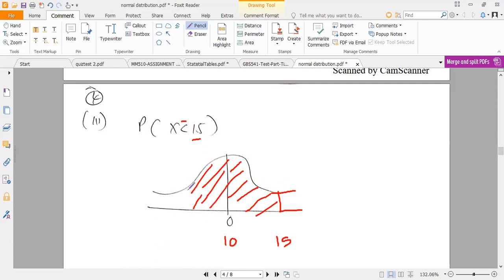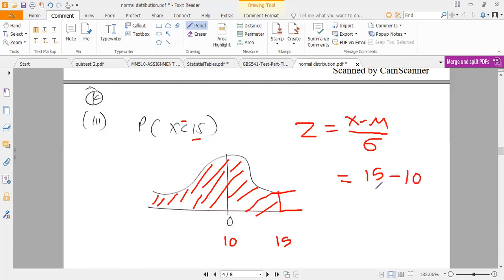This region can evidently tell you that this region is greater than 50. So whatever we get, we read directly. To standardize this, it's x minus mean over standard deviation. So our x is what? 15. Mu is what? 10.